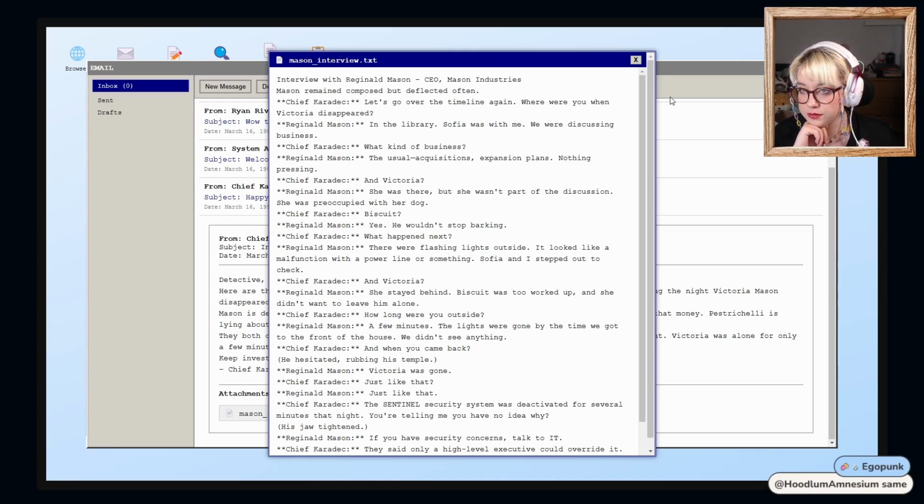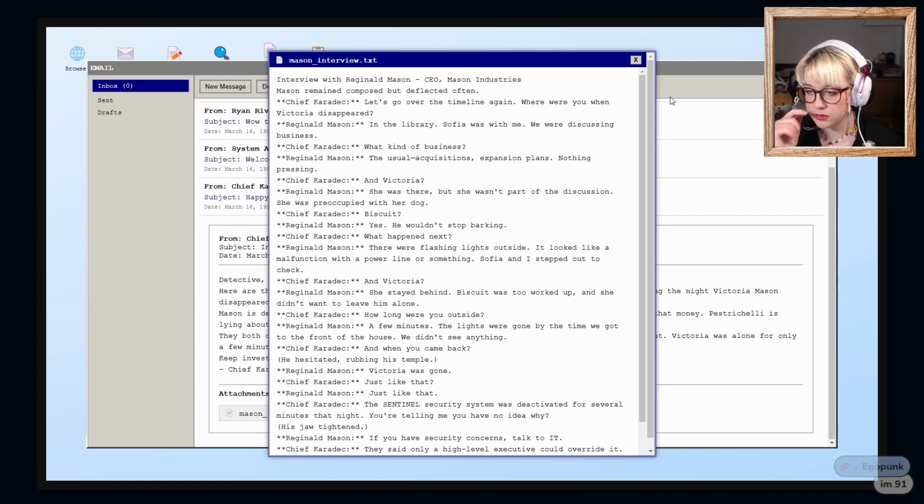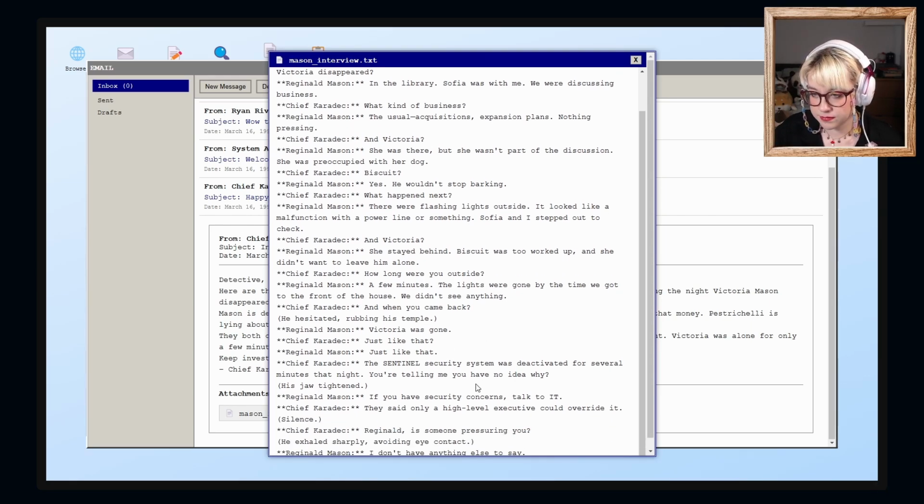The timeline again. They were in the library. That's why they keep talking about the library. Okay. We're discussing business, the usual acquisitions. She was part of the discussion. She was preoccupied with her dog. He wouldn't stop barking. I wonder why. The lights were flashing outside. It looked like a malfunction. Sophie and I stepped out to check. Oh, the lights.